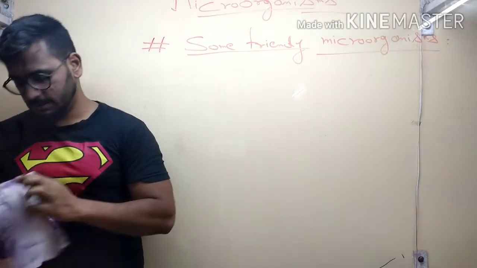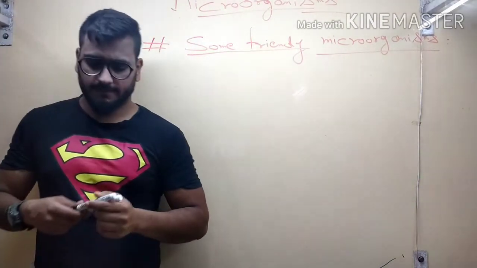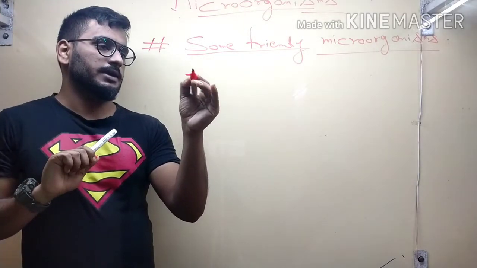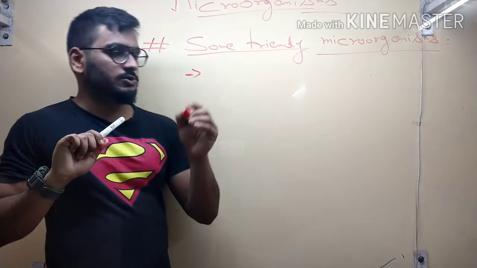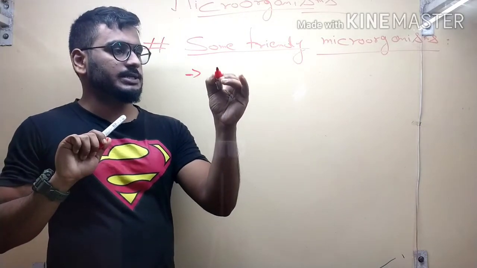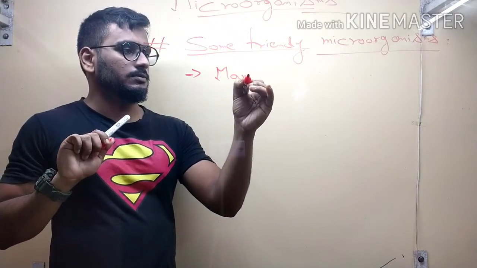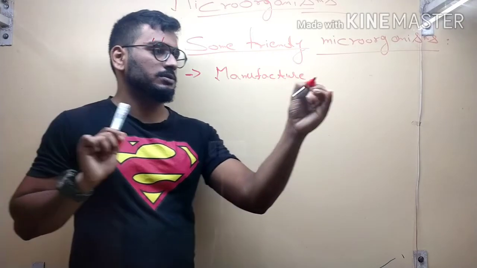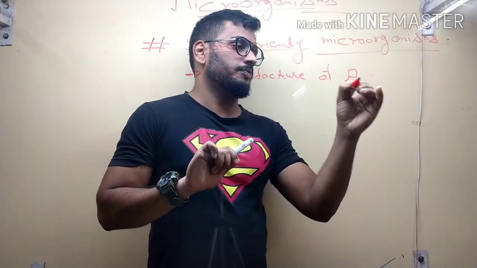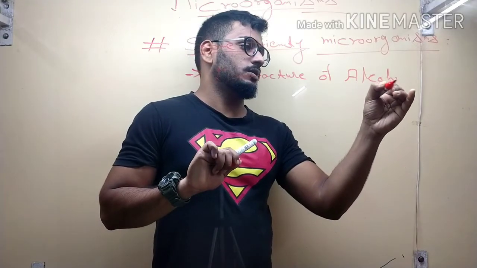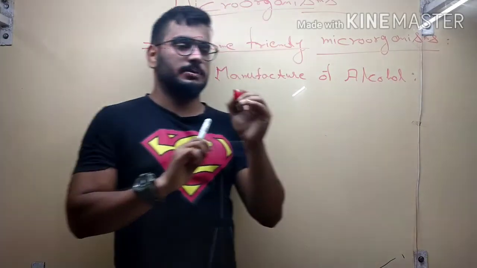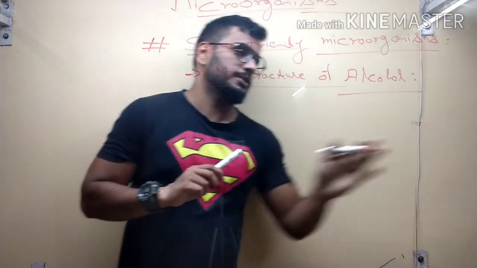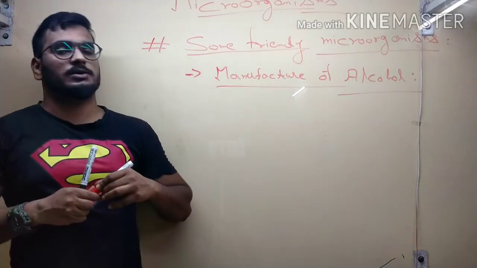The second use of microorganism in our life is manufacture of alcohol. For the manufacture of alcohol we use what? Microorganism.